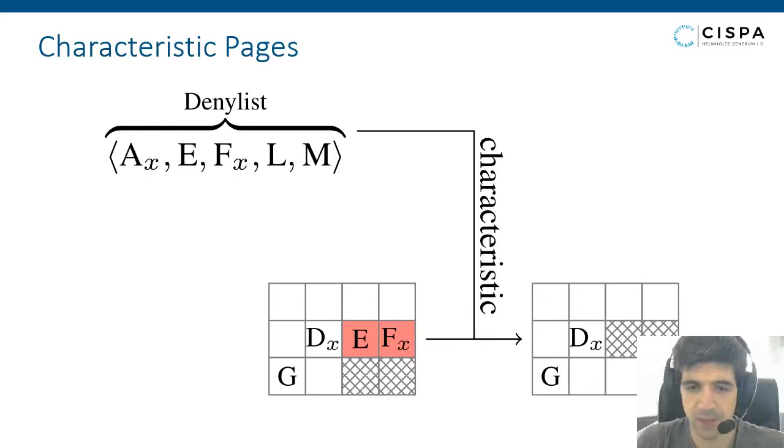We take the memory pages of the memory dump and we remove all the pages that are contained in the deny list. In this case, E and F are in the deny list and they are removed, and we are left with D and G, which we coin the characteristic pages of the malware that has been executed.